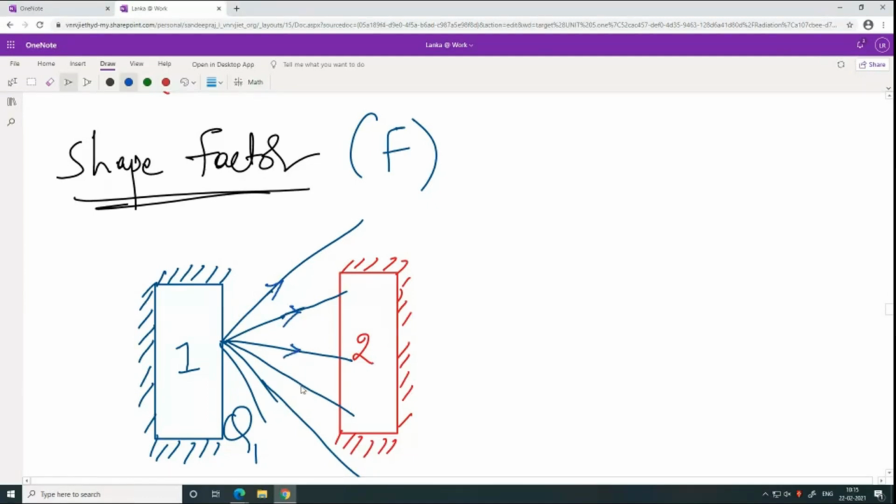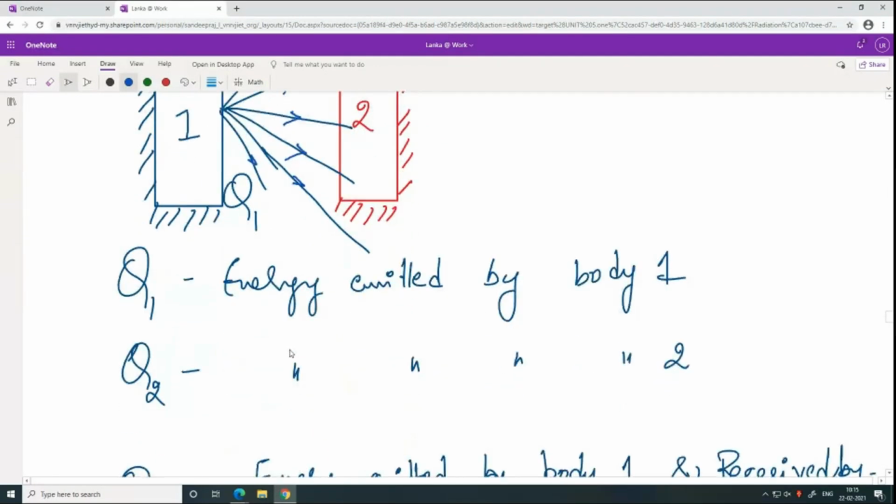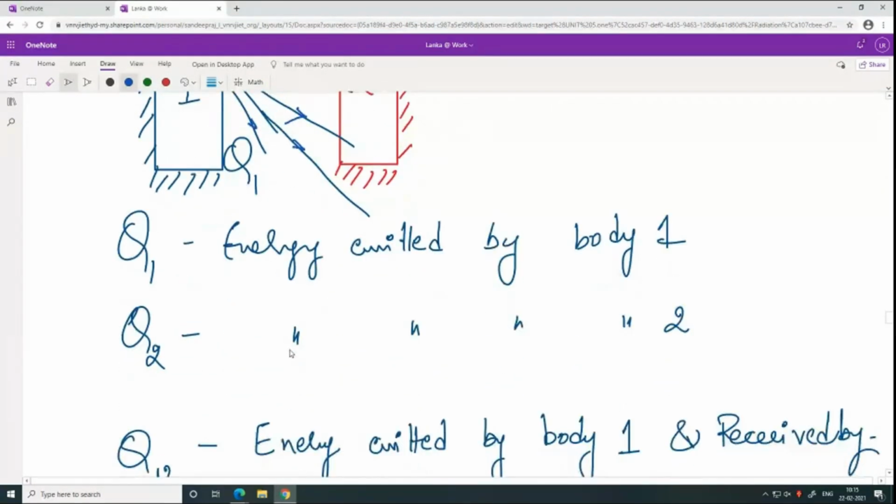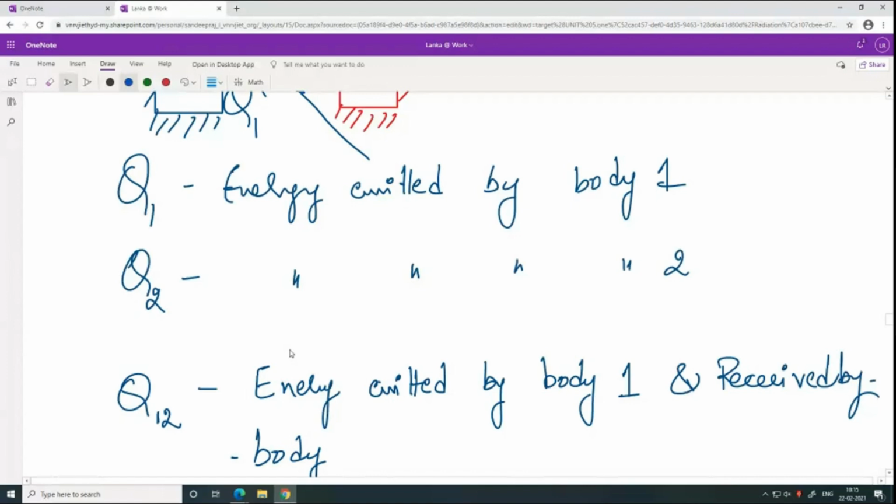We have taken a body 1 and a body 2, and body 1 will be emitting a radiation. Whatever the emitted radiation is, a part of it is taken by the other side, that is body 2. Here Q1 is the energy emitted by the body 1 and Q2 is the energy emitted by the body 2.